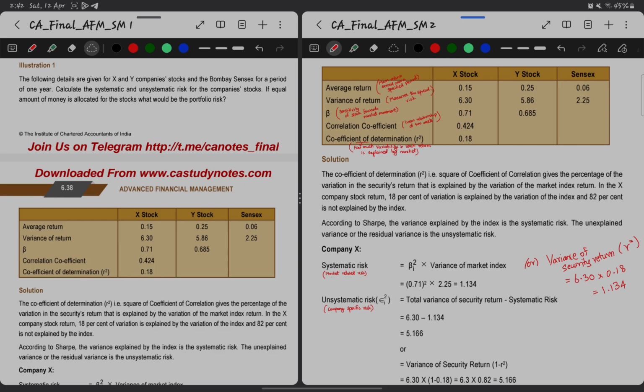Now correlation coefficient is nothing but linear relationship of two assets. Let's say if one asset increases, if the correlation is +1, then the other asset also will increase by 1. If the correlation coefficient is -1, then the other asset will decrease if the current asset increases.